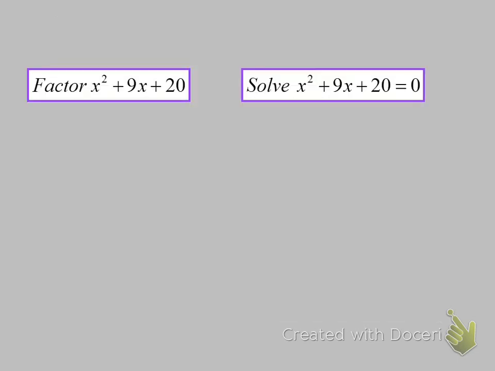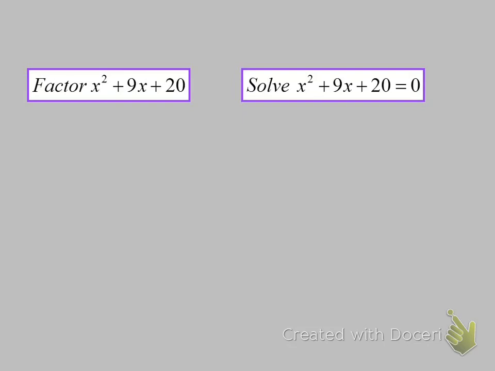Now, two different types of problems. Most slides today will look like this. One side will say factor, the other side will say solve. And there's a big difference between the two.